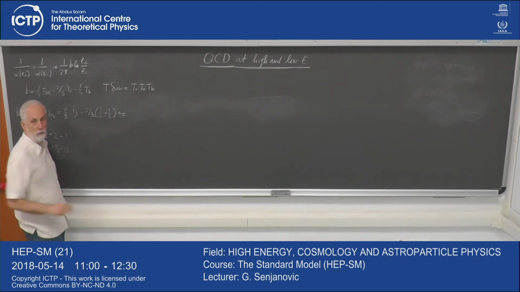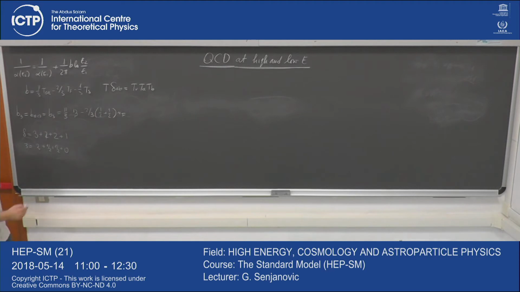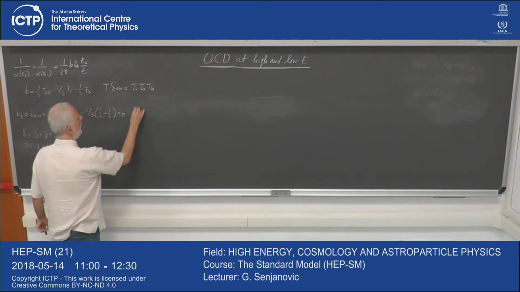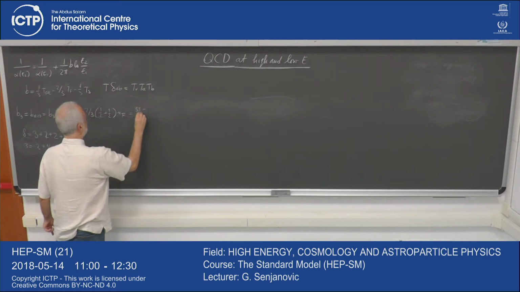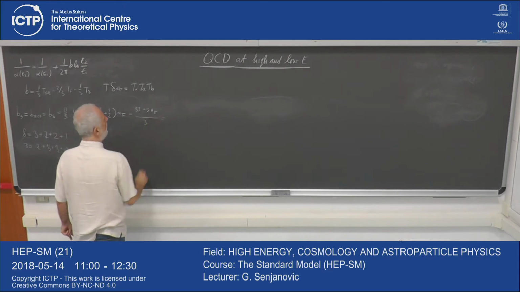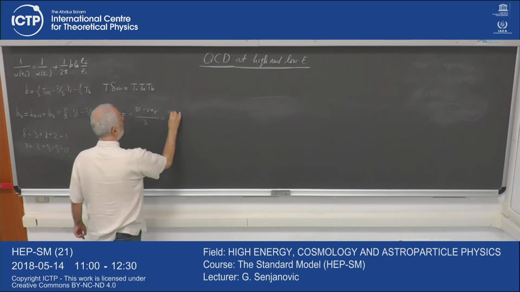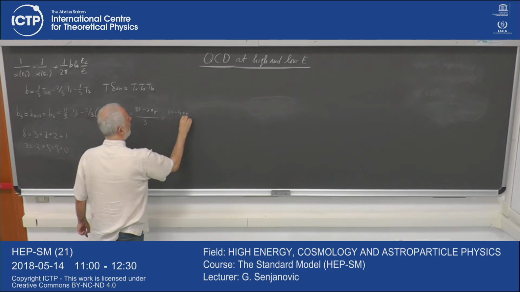Flavors, sorry, not fermions, because I count left and right separately. So this is 33 minus 2 N fermion over 3. Remember, we wrote this as 33 minus 4 number of generations over 3.